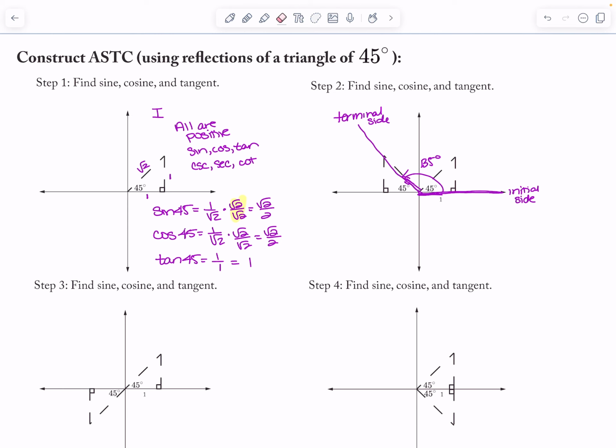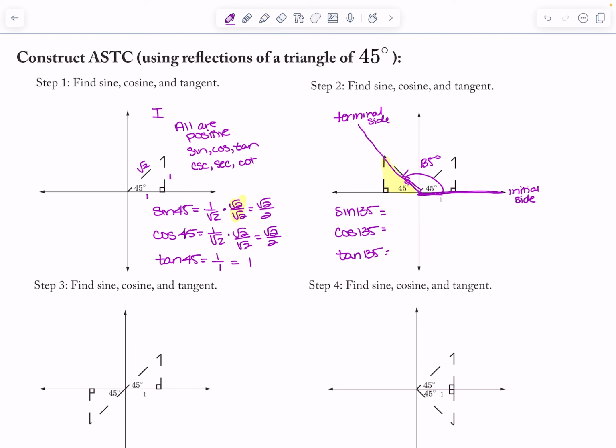And what we say is that by the reflections that we do, we can reduce our sine, cosine, and tangent. So sine of 135 degrees, my cosine of 135 degrees, and my tangent of 135 degrees, we can reduce all of these down to this triangle here that is in quadrant 2.